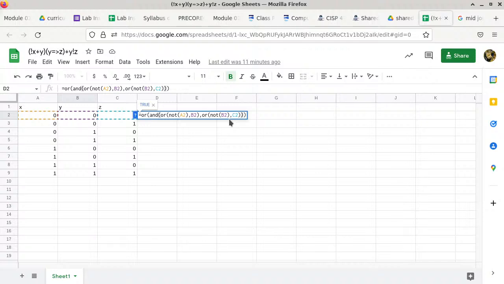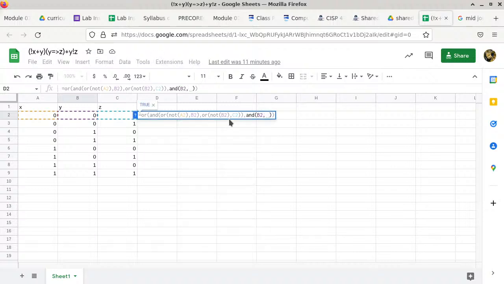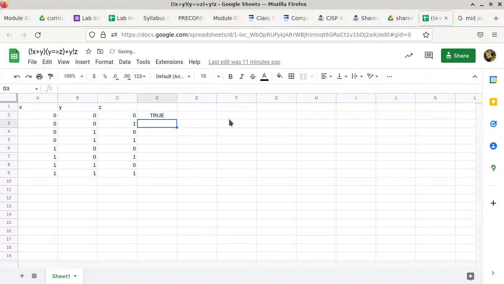So if you're on one, either it's open or closed, it will basically highlight the other side, which helps a lot. Okay, so now we have the other side is a conjunction, so it's an and. And the two things that we're ANDing is y is 1, so b2 is 1, and then the negation of z is the other one, so we have not z, which is c2, like so. And I think that's it.